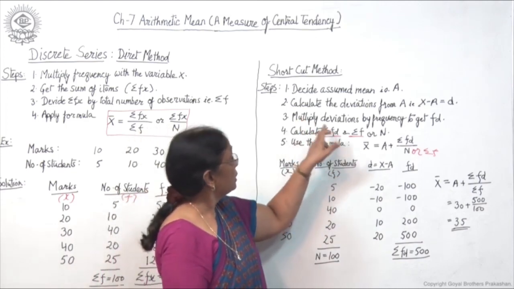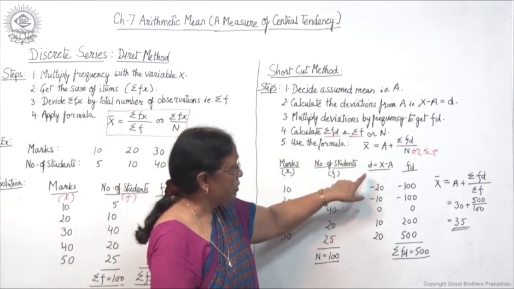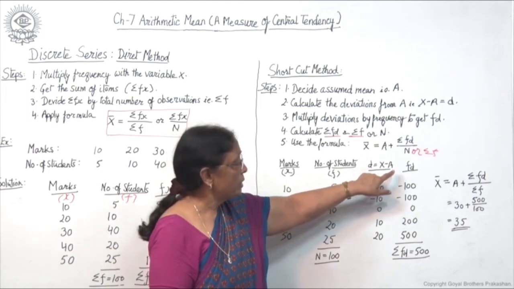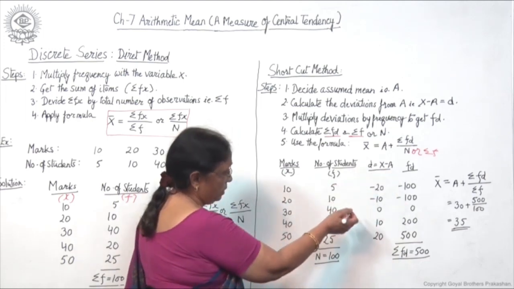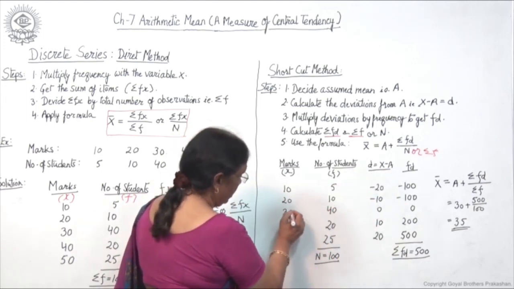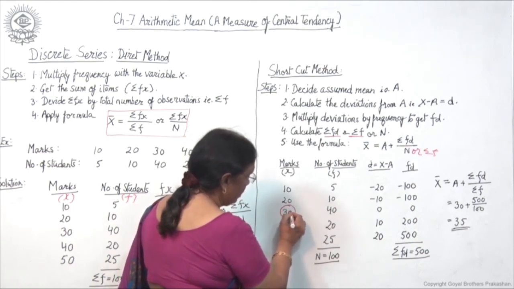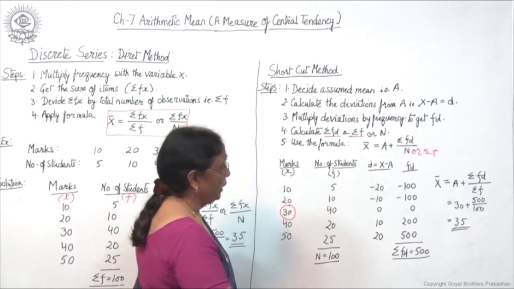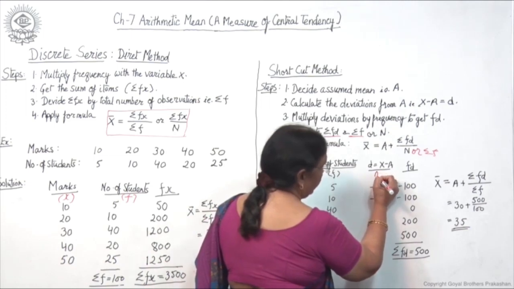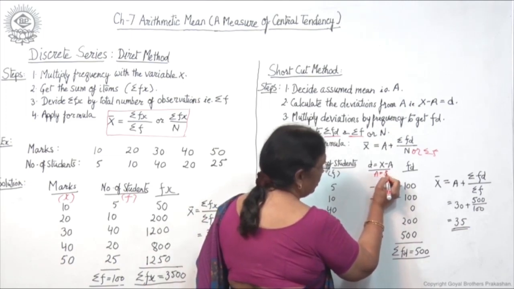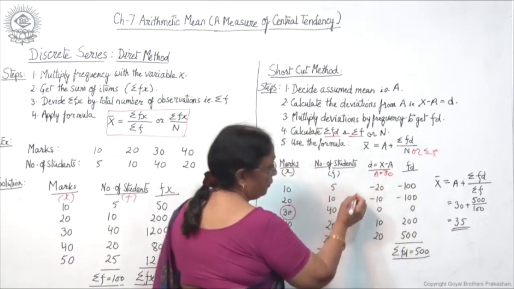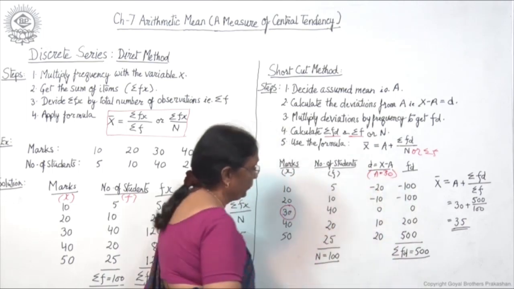Then the third step, you have to take out the deviations, that is X minus A. And in this case, what is A? Assumed mean we have taken as 30, right? So here you can write down A is equal to 30. This we have taken as the assumed mean.